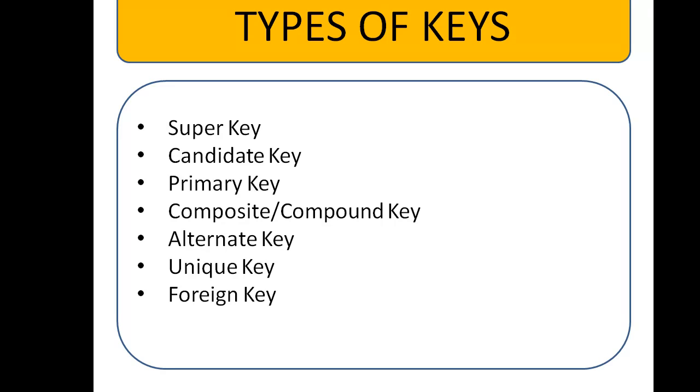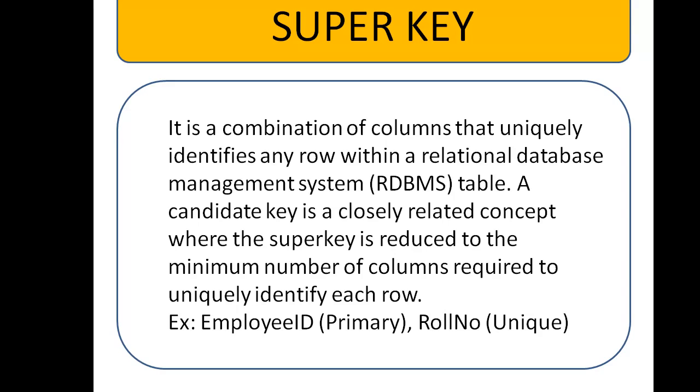What is meant by super key? A super key is a combination of columns that uniquely identifies any row within a relational database management system, so RDBMS. A candidate key is a closely related concept where the super key is reduced to the minimum number of columns required to uniquely identify each row.